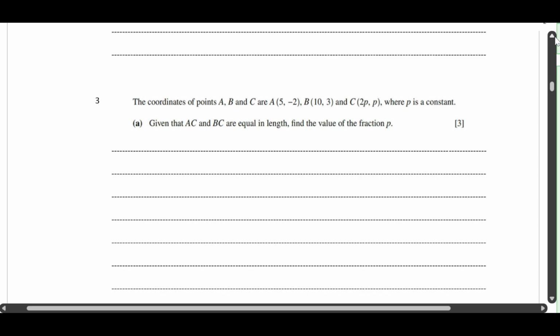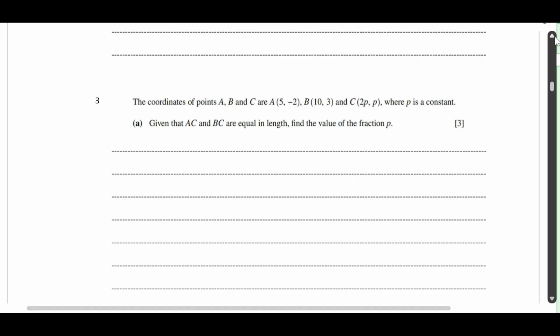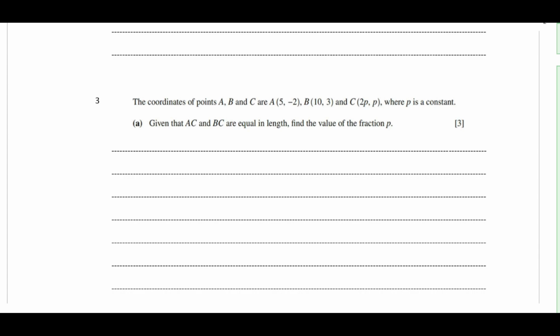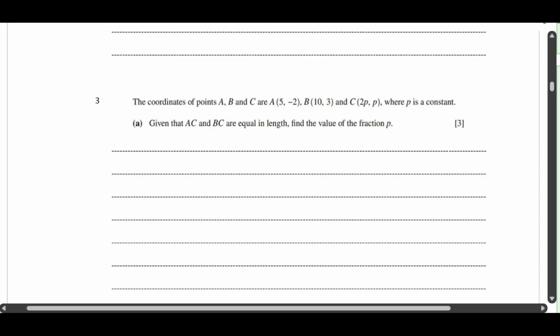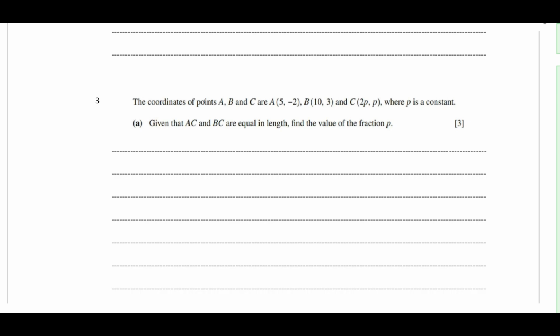Given that AC and BC are equal in length, find the value of the fraction p. So we have to find the value of p. It is given that AC is equal to BC, so better we equate the distances.